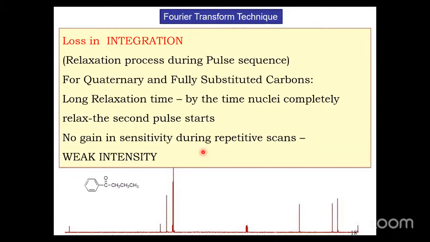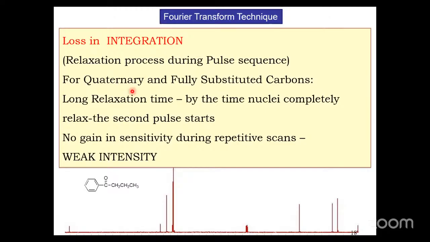Now, coming to the Fourier transform technique. The carbon 13 nuclei have a very long relaxation time. Once we give the pulse of radio frequency, they relax, but their relaxation time is very long. So due to this Fourier transform technique, we are losing the integration.